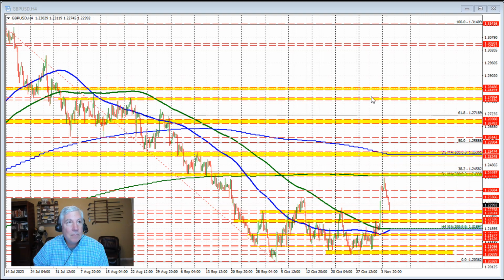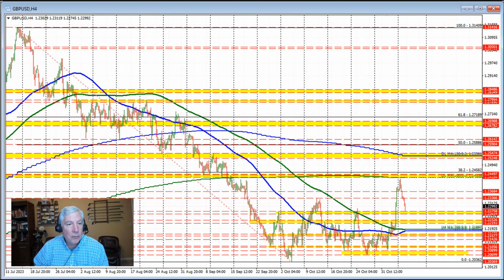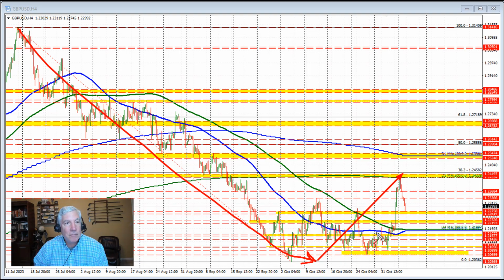We also came up short of the 38.2% retracement of this trend move to the downside. As mentioned, I'd like to see the market retrace above the 38.2 after a trend move. Couldn't do that, so we started a rotation back to the downside in trading yesterday and today, I should say.